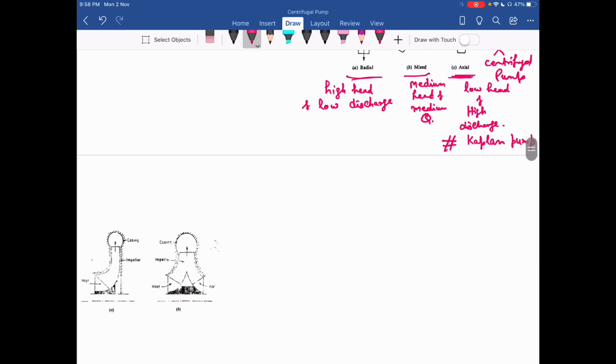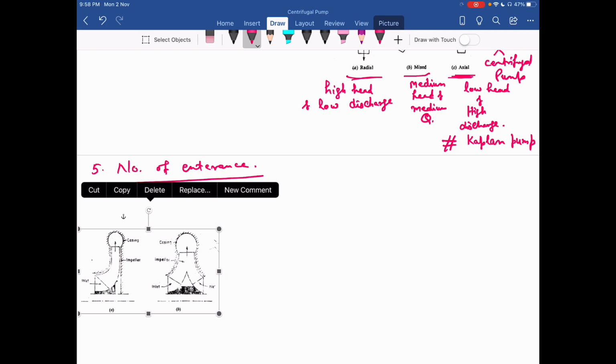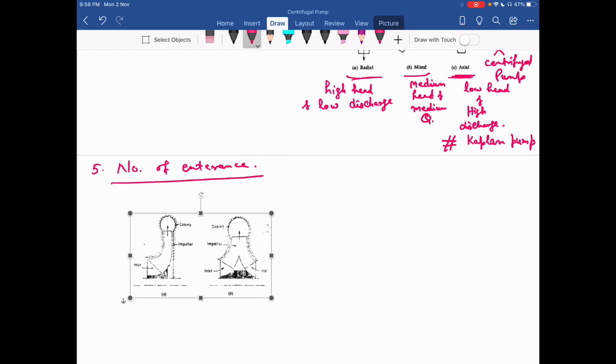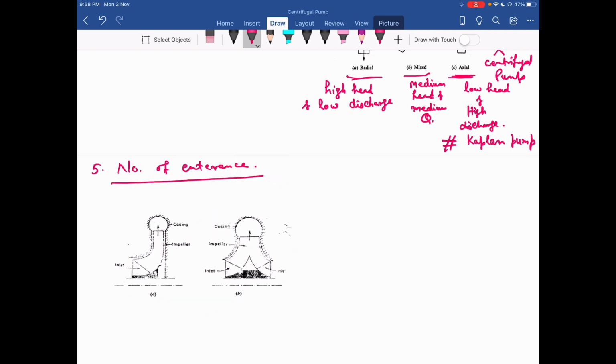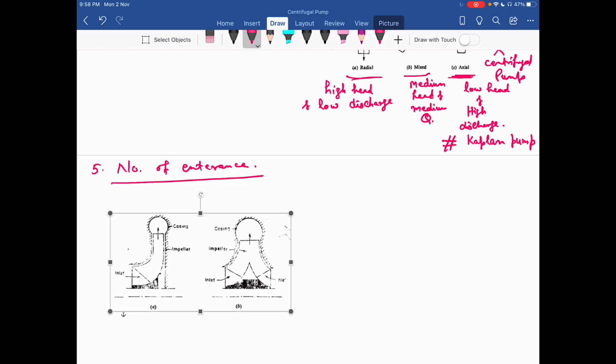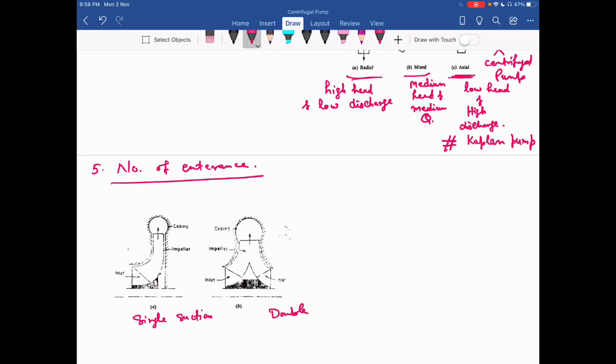Then on the basis of number of entrance. So on the basis of number of entrance, we have two types of pumps. Okay, one is called single section. Second one is called double section.